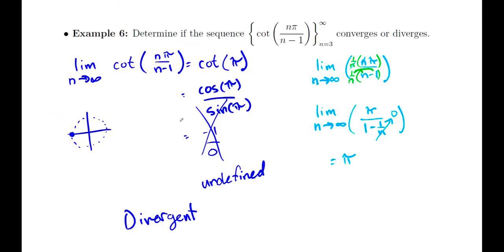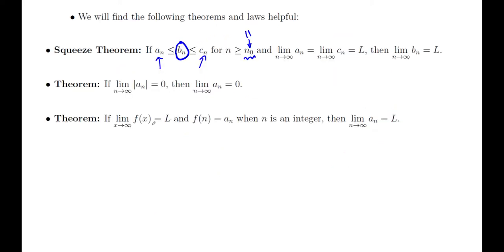What we just did here, talking about this function here, we really were thinking about it as your typical function where you have an x in here, right? We're analyzing it in that way. This basically gives us permission to do that, right? So if I know that the limit of a function of x is equal to L, then the sequence that uses the same formula is also going to converge to that same limit.